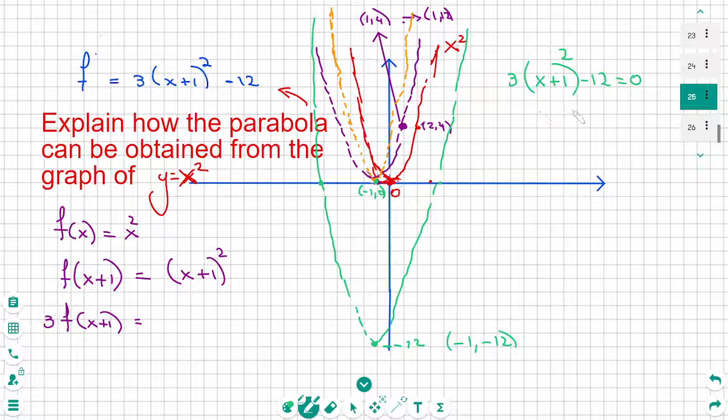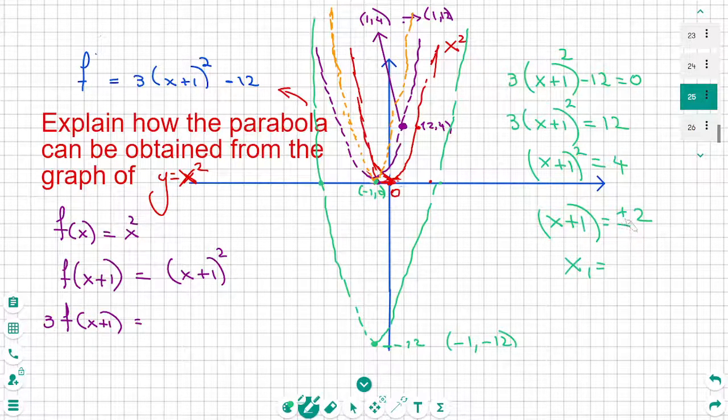And this equation, you can solve very easily using the methods. So (x plus 1) squared is equal to 4. The x plus 1 is equal to plus minus 2. So the one solution is 2 minus 1 is 1. So this point is 1, 0.